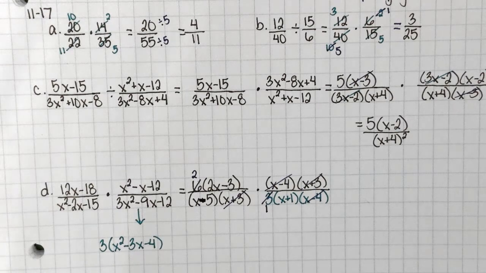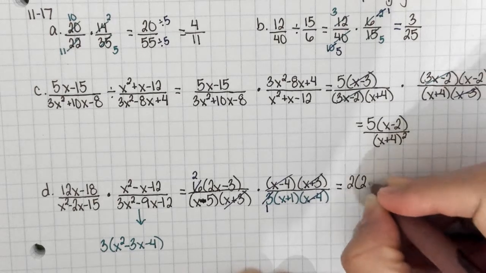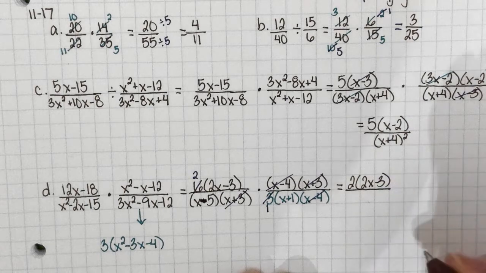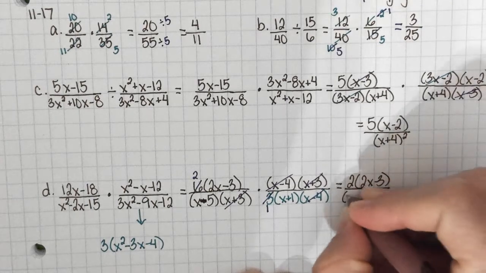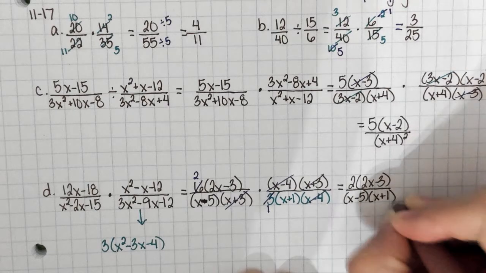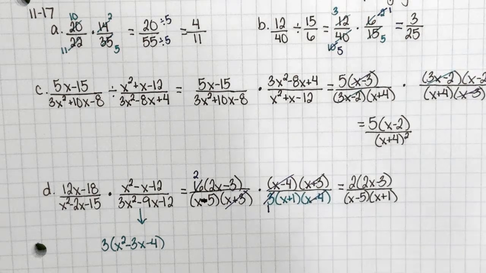And then if I just go straight across, I am left with 2 times 2x minus 3 all over x minus 5 times x plus 1. And that's what you have for your final answer here. That's as simplified as possible.